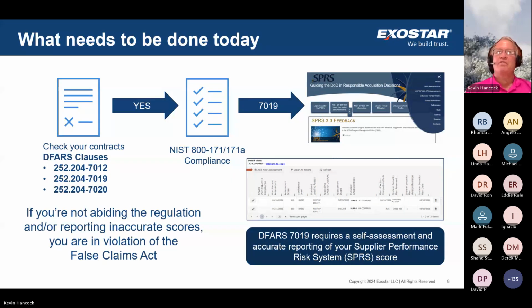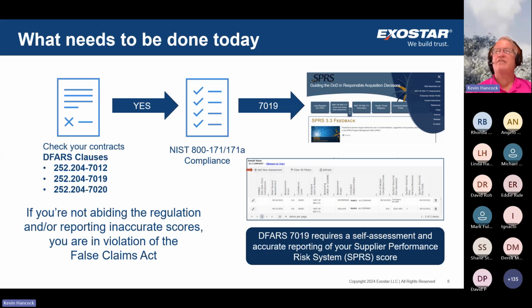Now, because CMMC is going to take effect in 2025, there are still things you need to do today that are wrapped around NIST 800-171. So if you've got DoD contracts today and you've got the DFARS clauses, Defense Federal Acquisition Regulation clauses 7012, 7019, there are things you've agreed to already, right?